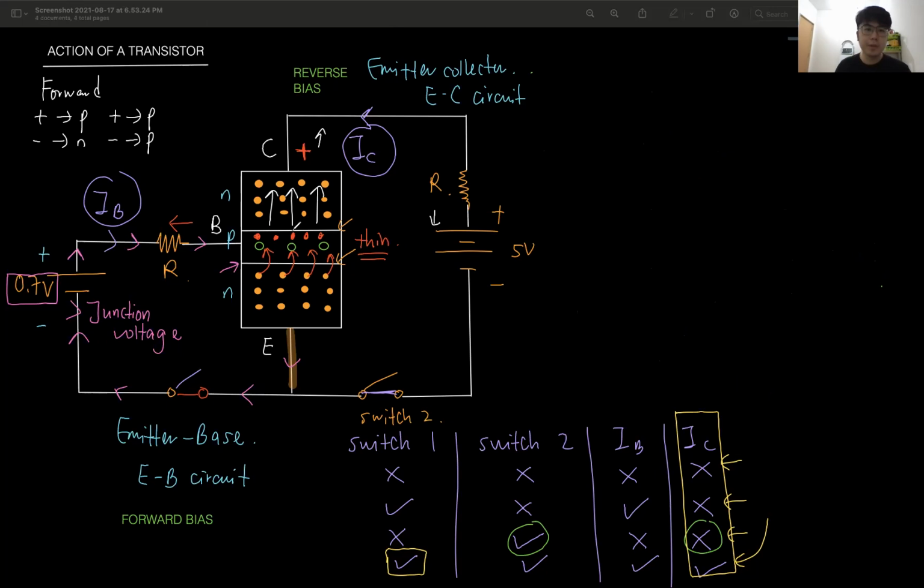Okay. Remember I said the electron that jumps into the p-type, some of the electron will flow out and some of the electron will cross, right? Now, the number of electron that crosses and flows to the collector is always bigger than the number of electron that flow out.